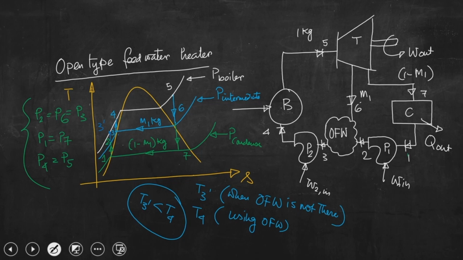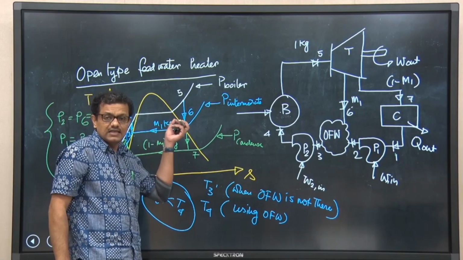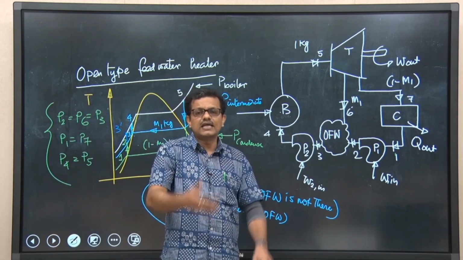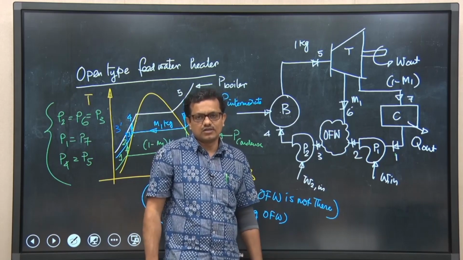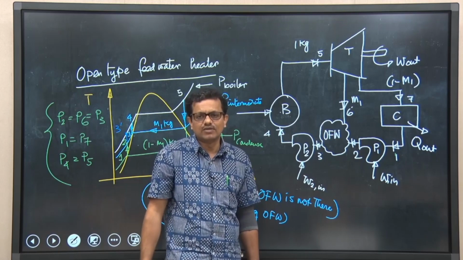Try to understand that we are increasing the temperature up to this T4, but this increase in temperature is not associated with additional fuel cost. This is not due to additional supply of heat to the boiler.